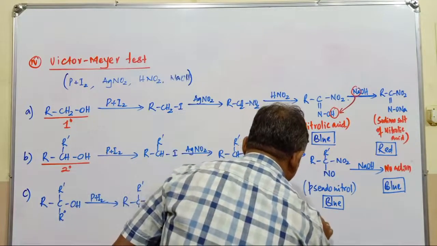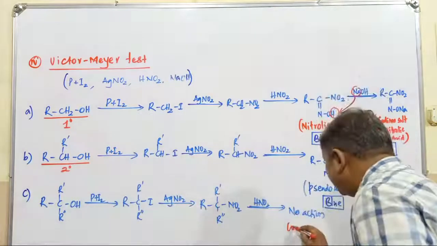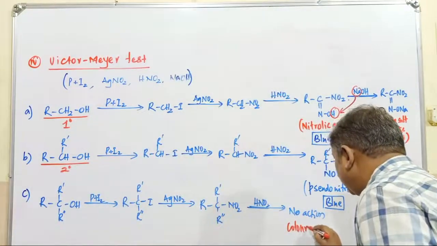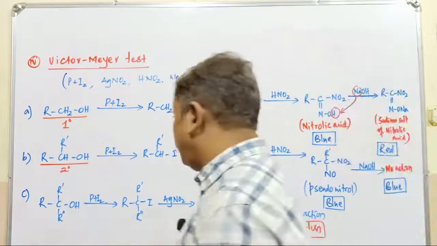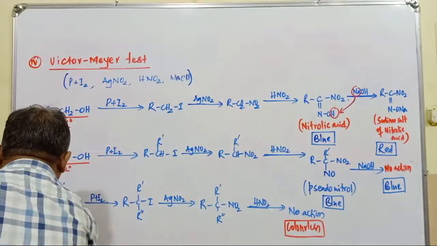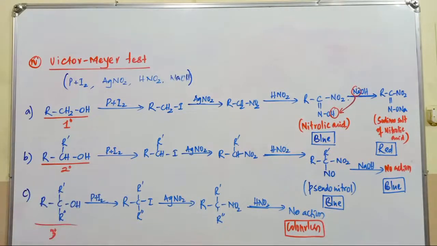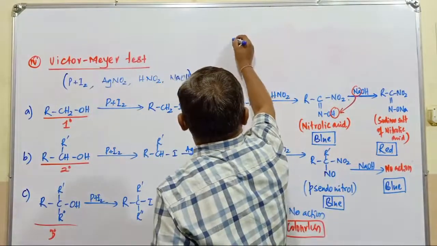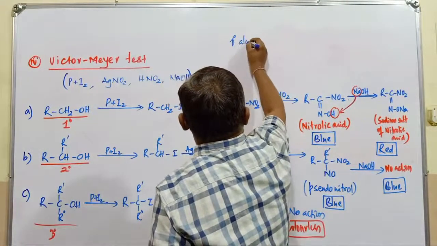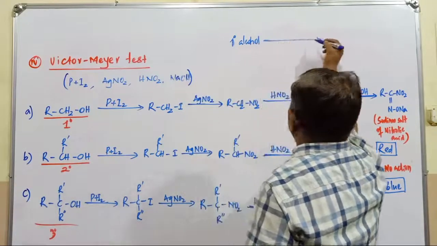There is no reaction. So the color of the compound is going to be colorless. If it is colorless, then it is a tertiary alcohol. So this test is commonly known as the Victor-Meyer test.